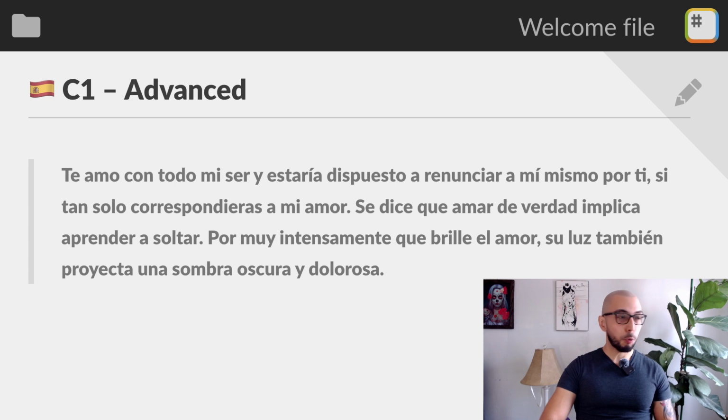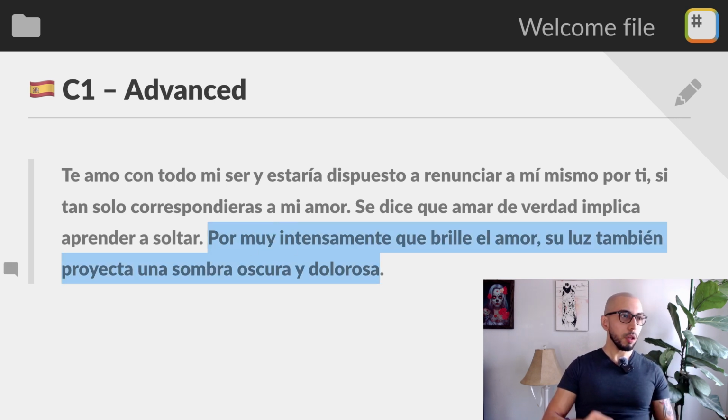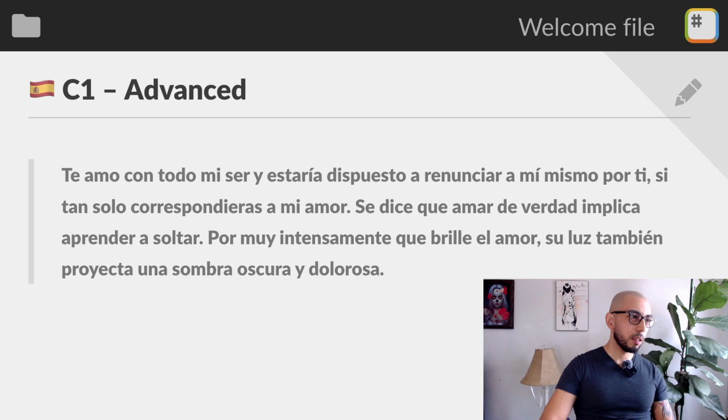Now, this last sentence, I'm going to go through all these sentences because this is very well crafted. Por muy intensamente que brille el amor, for all the intensity with which love shines, its light also projects a dark and painful shadow. Su luz también proyecta una sombra oscura y dolorosa. We saw a dark shadow in B2, I think.